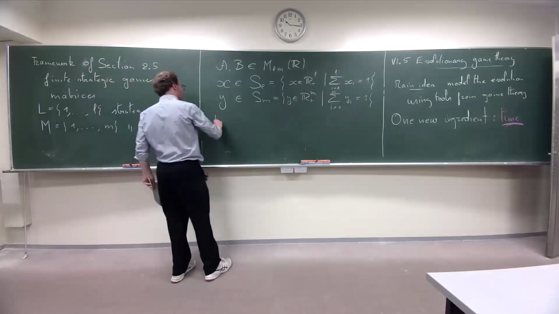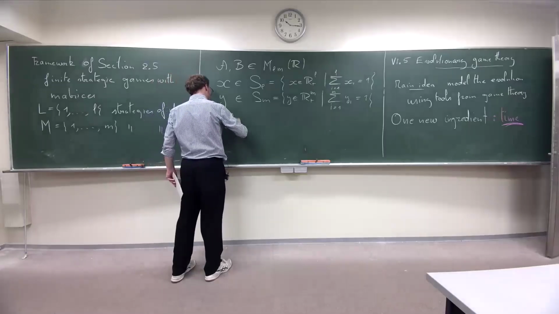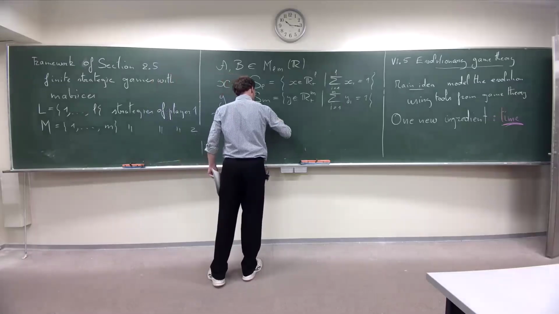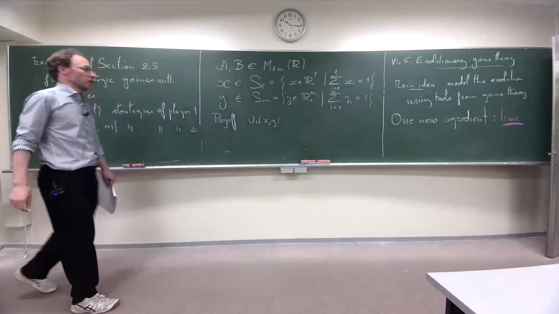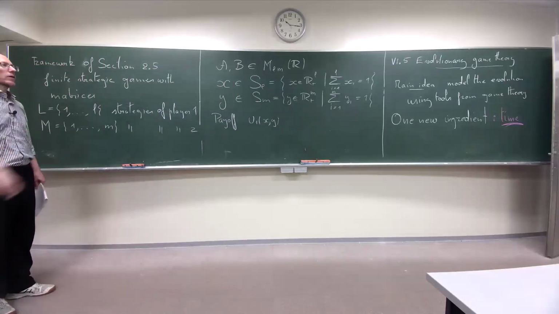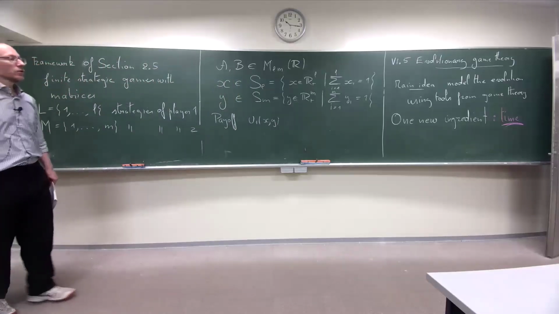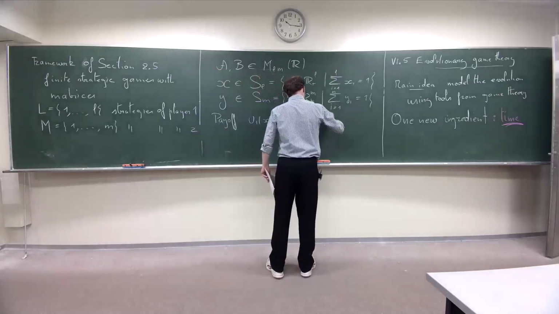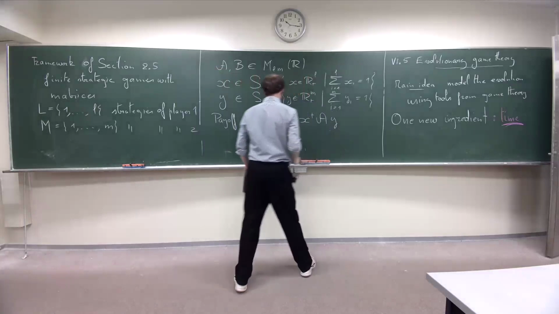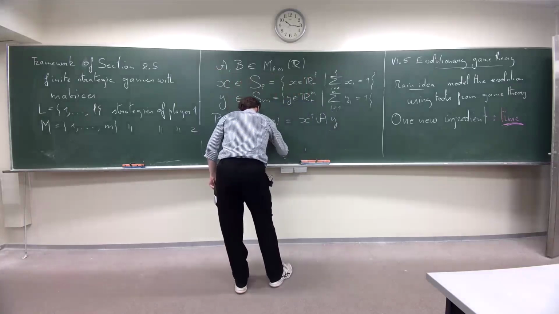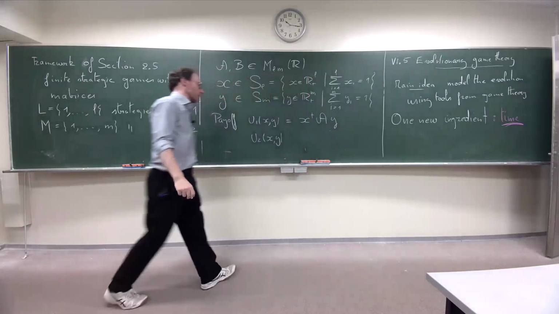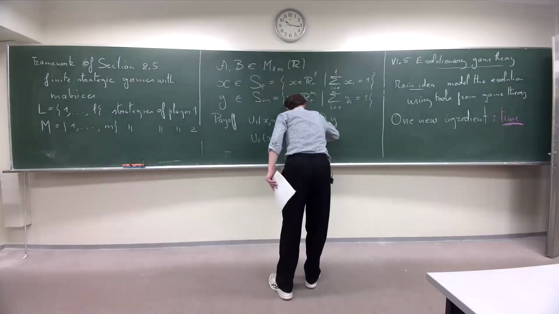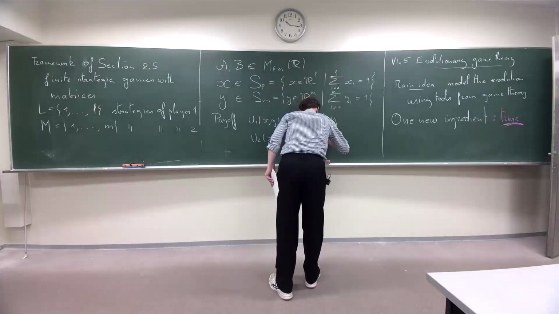And what was the payoff? Let me just remind you. The payoff for the first player, if he used mixed strategy X and the second player used strategy Y, was given by this formula. And the payoff for the second player, if the first one used X and the second one used Y, was given by this formula.